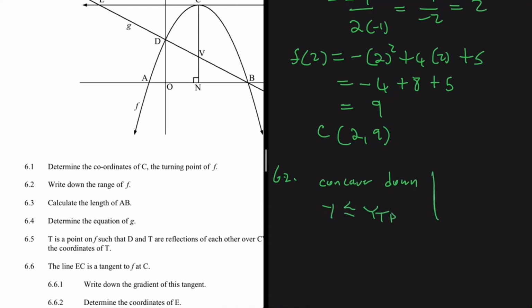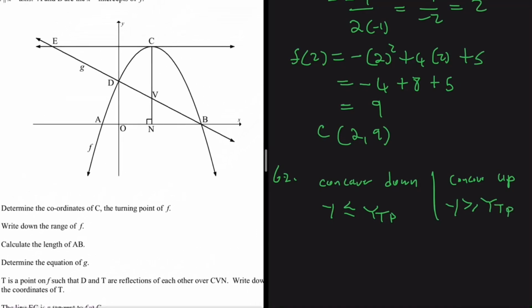And if it's concave up, we have y greater than or equal to the y of the turning point. Clearly our parabola is concave down. It is ultimately going down. The values of y are ultimately going down. So we have y less than or equal to the y value of the turning point.